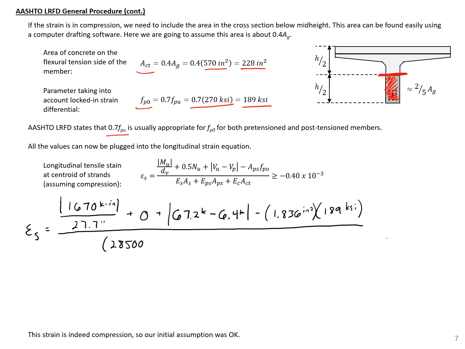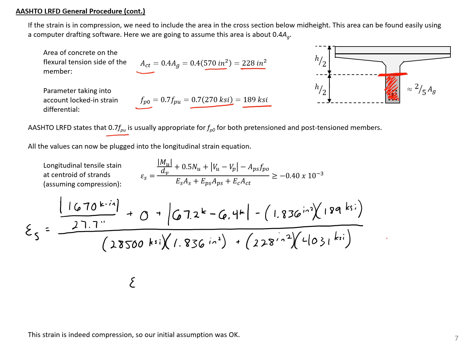28,500 KSI, the stiffness of our pre-stressing, times the area of our pre-stressing, 1.836 square inches, plus our ACT, 228 square inches, times the stiffness of our concrete, 4,031 KSI.